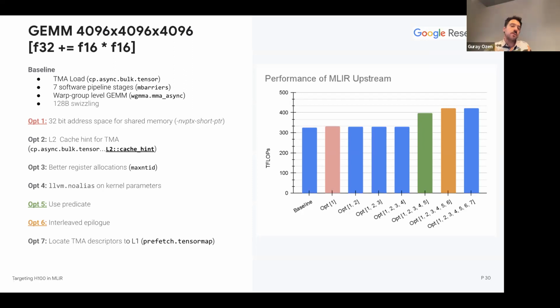Well, because I think my parameters are the TMA descriptor, so there is not much happening there. Optimization 5 actually gave me a big bump, which is surprising, and I started using predicates. In the main loop, I do the matrix multiplication, plus I keep feeding the stages, I keep feeding the TMA.